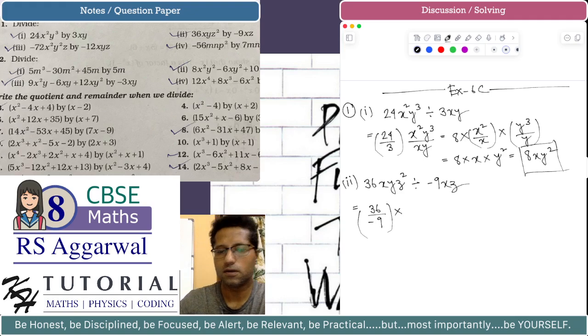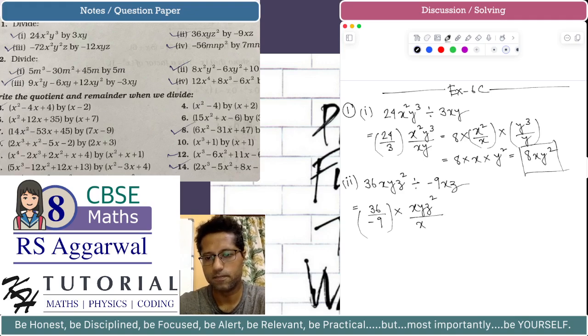The literal coefficient of the first monomial is xyz square, and the literal coefficient of the second monomial is xz. If you simplify the division of coefficients, it is minus 4. And now you group the powers of the same literals: x by x multiplied by y multiplied by z square by z. This is equal to minus 4yz.